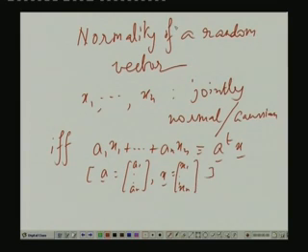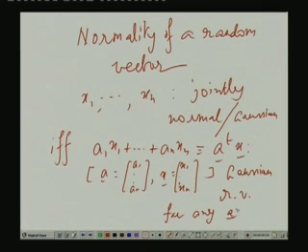If this, which is a scalar variable, is a Gaussian random variable for any a, that is, you choose any coefficients a1 to an and from this summation you get a random variable that must be Gaussian. So, if this is true for any choice of a, then only it will be said that x1 to xn are jointly Gaussian. Obviously, if they are jointly Gaussian, any subset also is jointly Gaussian.